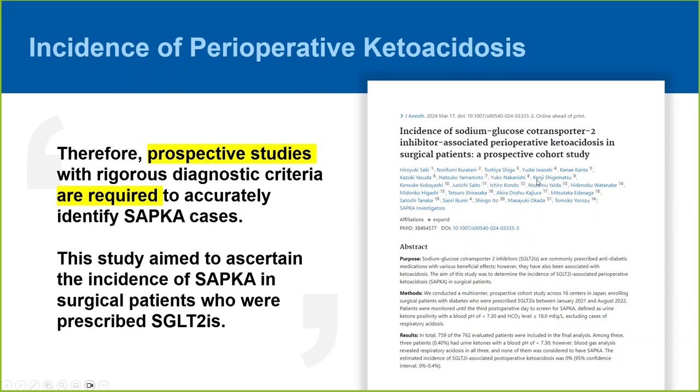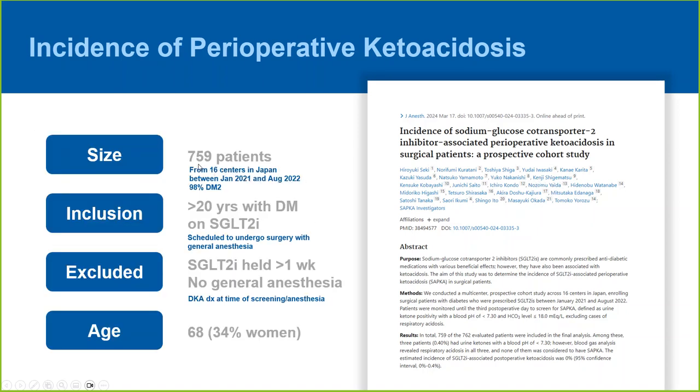So that's what he set out to do, and he found about 750 patients across 16 sites in Japan between 2021 and 2022, 98% of whom had type 2 diabetes. And he excluded patients who had held their SGLT2 inhibitor for more than a week, were not undergoing general anesthesia, or had the presence of DKA at the time of screening or anesthesia.